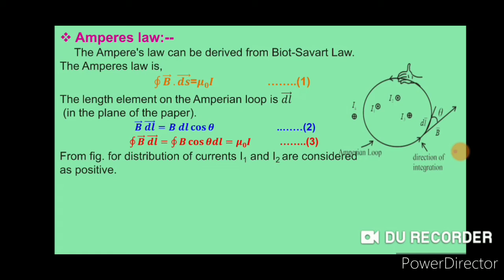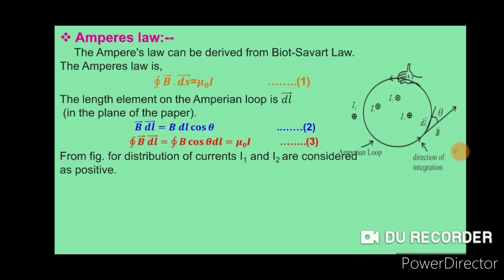Here the integration is over the product of length dl of the Amperian loop and the component of magnetic field B cos theta tangent to the loop. Here, by using the right hand rule, the current in the direction of the stretched thumb is considered positive and the current in the direction opposite to that of the stretched thumb is considered negative.